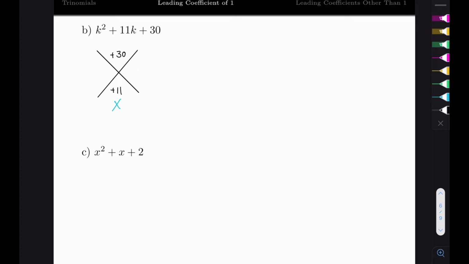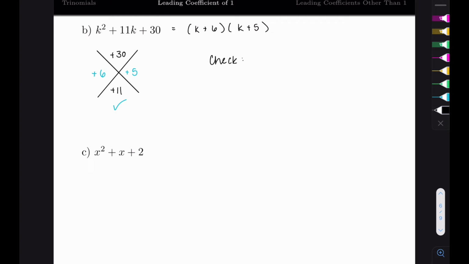So I'll go ahead and erase and try again. Another way I can reach 30 is 15 and 2, but again, doesn't add up to 11, so that's not the correct one either. So then I'll try positive 6 and positive 5, and indeed that does add up to 11. So these are the two numbers that I need for my factoring. So this will factor into k plus 6 times k plus 5.